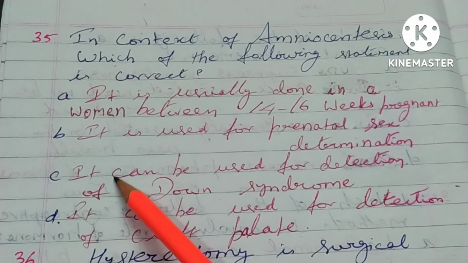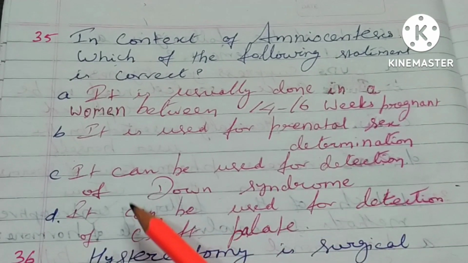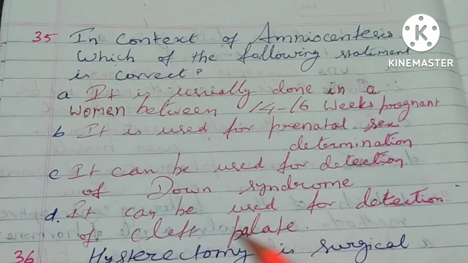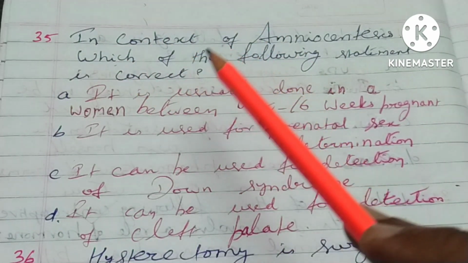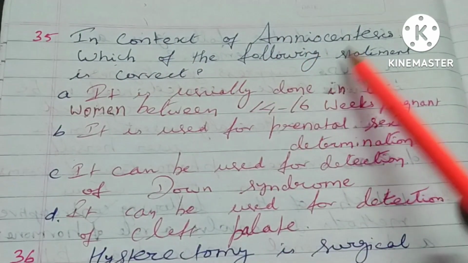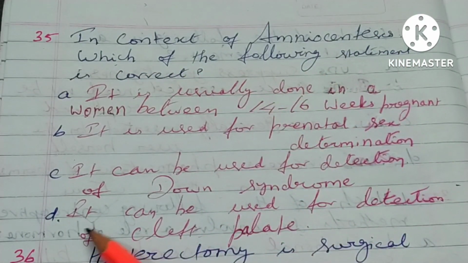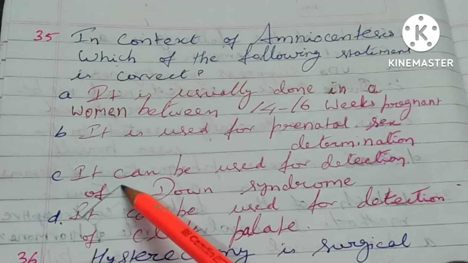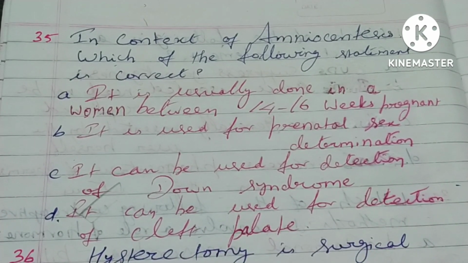Option C: It can be used for detection of Down syndrome. Option D: It can be used for detection of cleft palate. In the context of amniocentesis, the correct statement is option D. It can be used for detection of cleft palate is the answer.